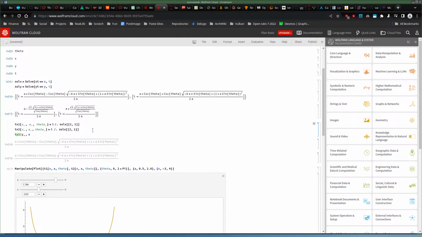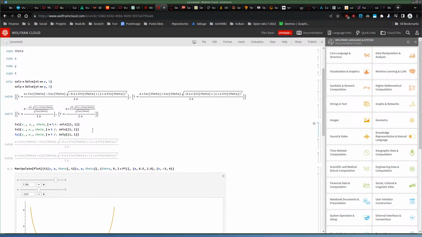Oops. And theta is t with, or using, or whatever that means, slash dot. Now we know where slash dot comes from. The solution of y, and then I guess 1 comma 1.